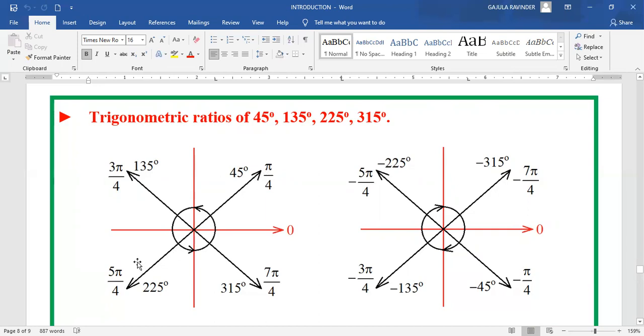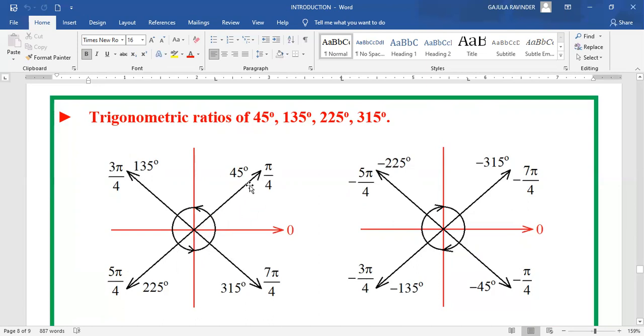Tan will be the same in these two directions. But here sine and cos will have opposite signs in these two directions. Of course, tan will be the same in these two directions as well as in these two directions, while sine and cos will have opposite signs.